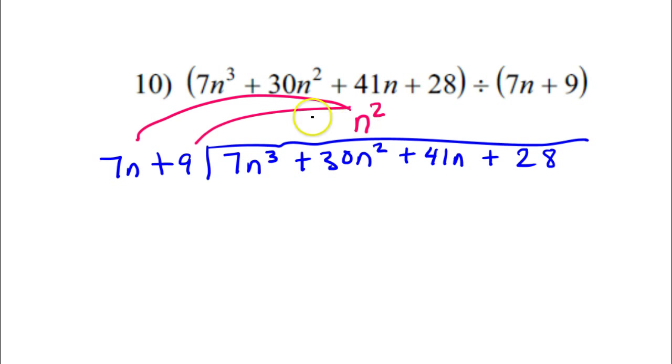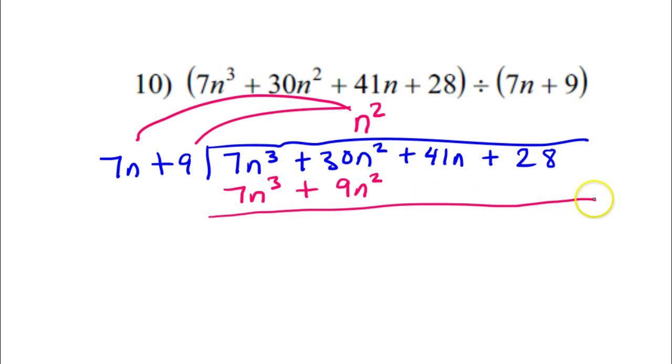I go n squared times 7n, that's going to give me 7n to the third power, just like I wanted. But I will also do n squared times 9. That will give me 9n squared. Alright, now I will subtract these by changing the signs.